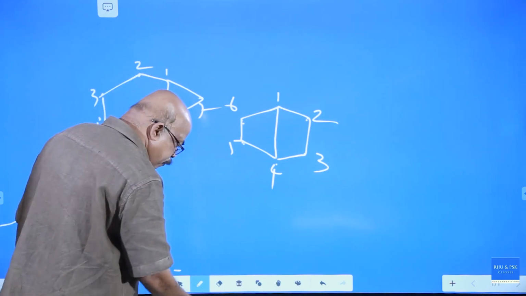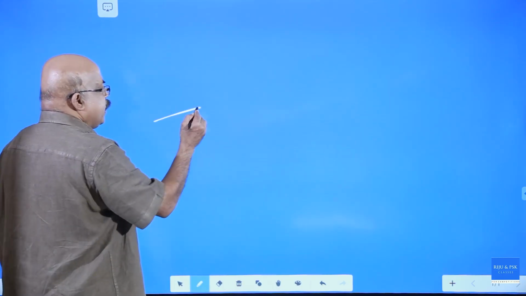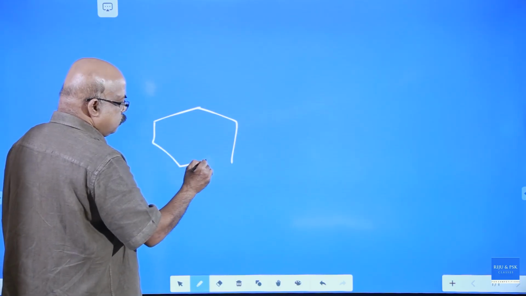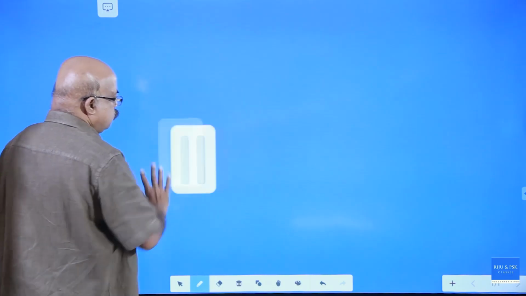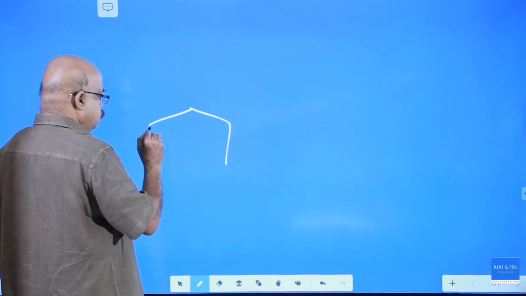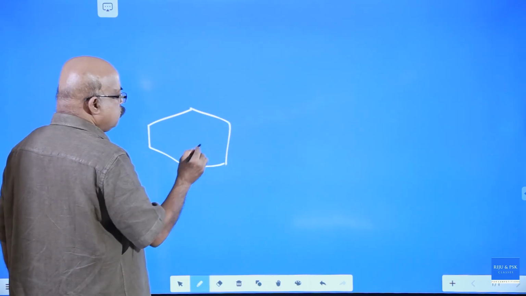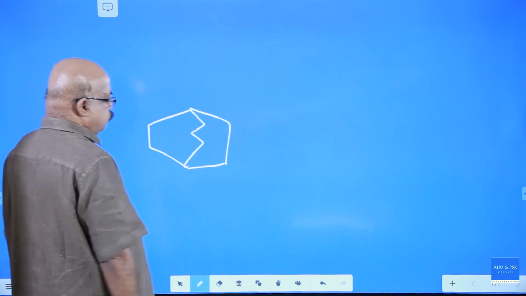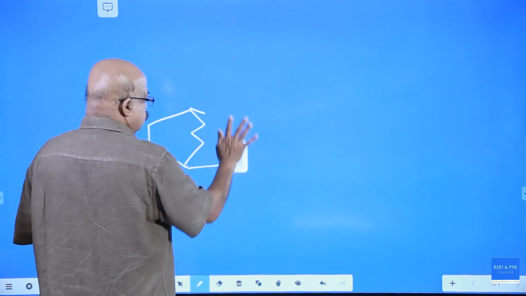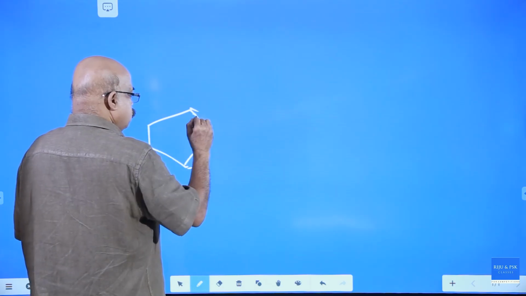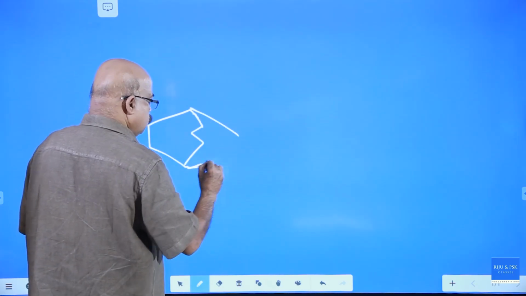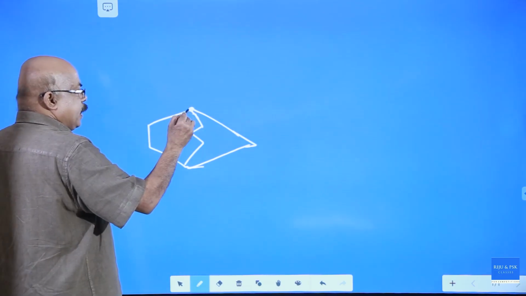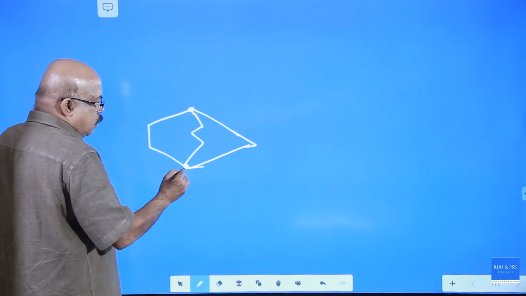This is the way of numbering. See, this is a bridgehead carbon.